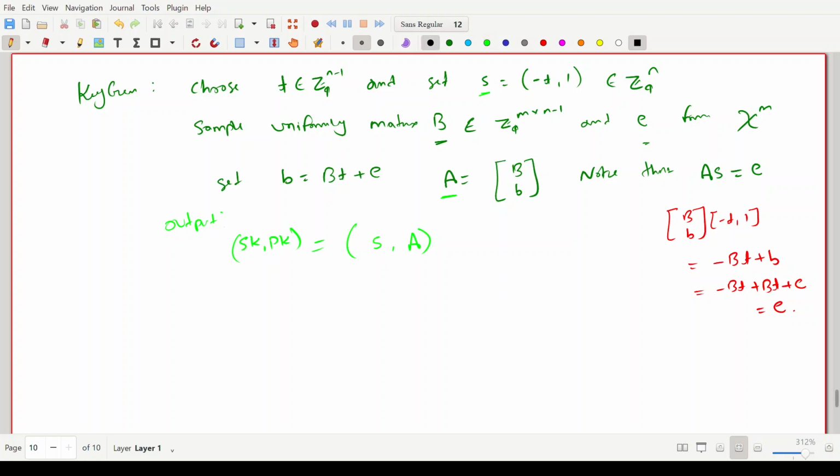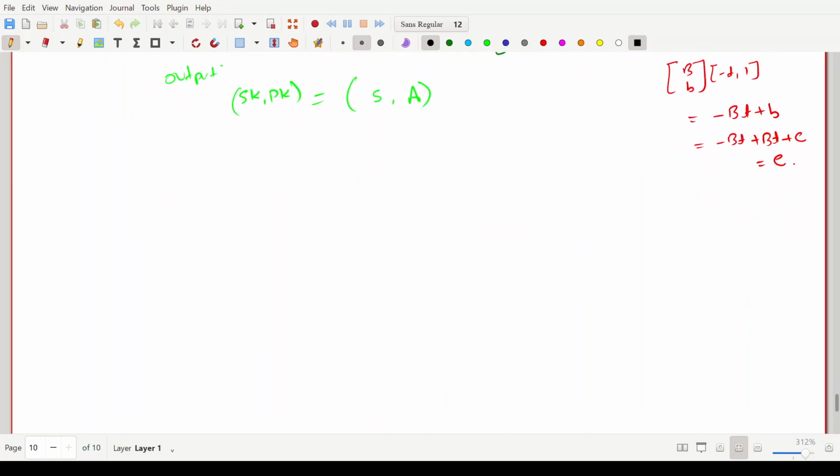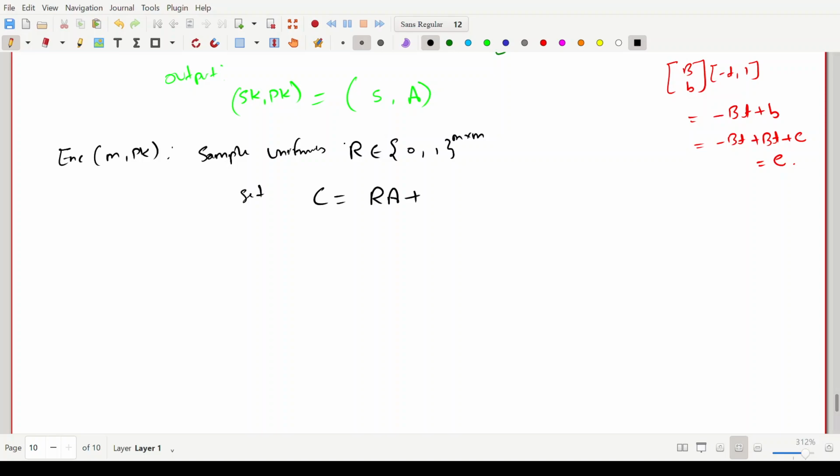Now let us go to encryption. How do you encrypt? Encryption of a message M with the public key PK: again sample uniformly a vector R which has elements in {0, 1}^m, and set your ciphertext C equal to RA plus MG.